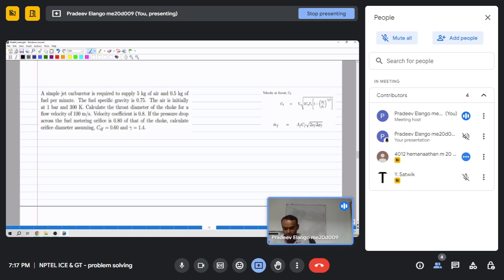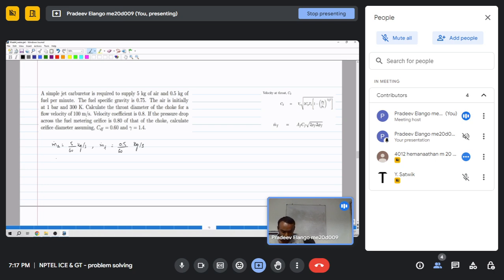A simple jet carburetor is required to supply 5 kg of air and 0.5 kg of fuel per minute. So that is m dot a equal to 5 by 60 kilogram per second, and m dot f is 0.5 by 60 kilogram per second.